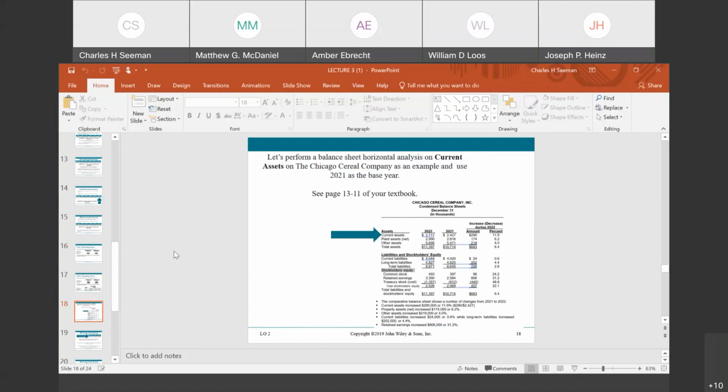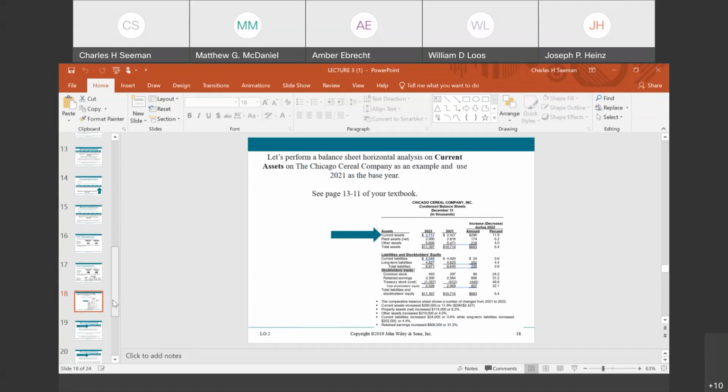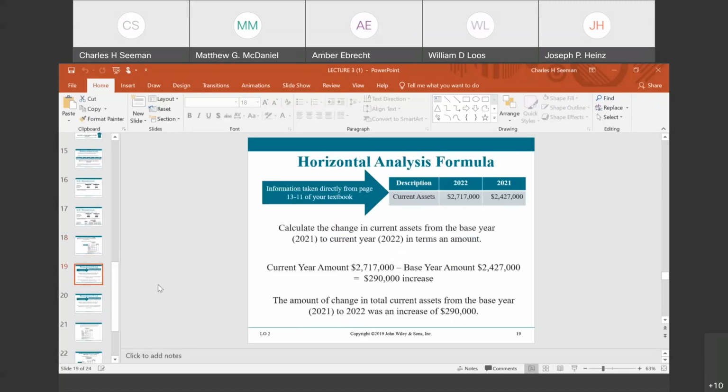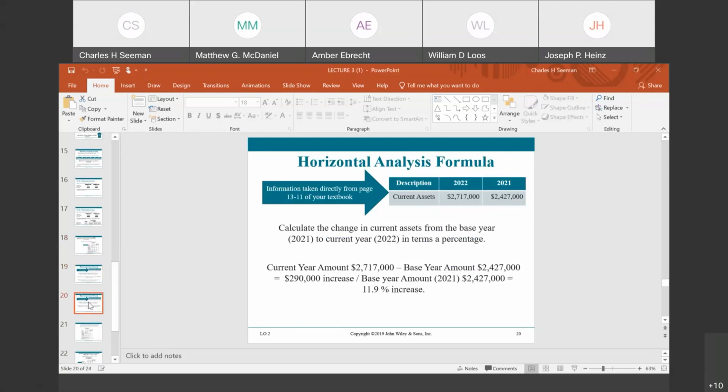We want to do current assets. $2,717 minus 2,427 equals 290. 290 divided by 2,427 would be it as a percentage. Percentage would be 11.9%.